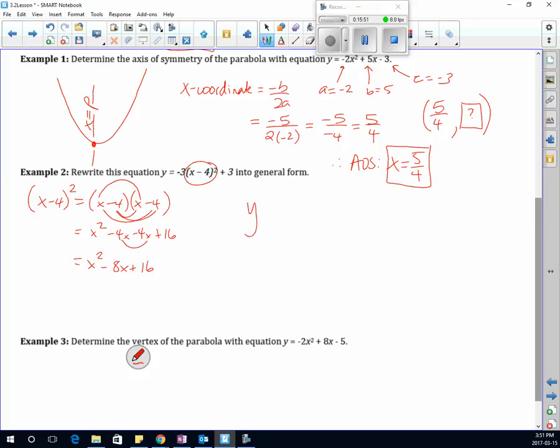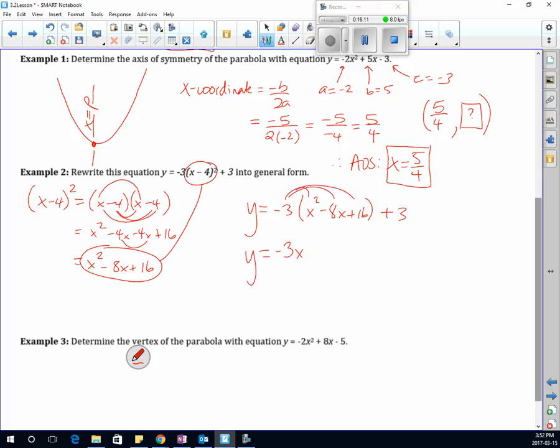So I'm going to write this out again. y equals negative 3. Instead of the x minus 4 squared, I'm going to write x squared minus 8x plus 16, and then plus 3. So I'm just resubstituting what I FOILed out that to be. So y equals negative 3 times x squared.